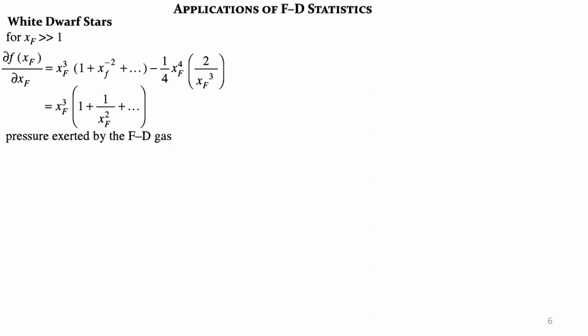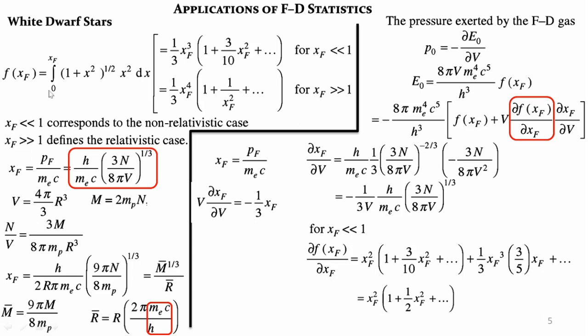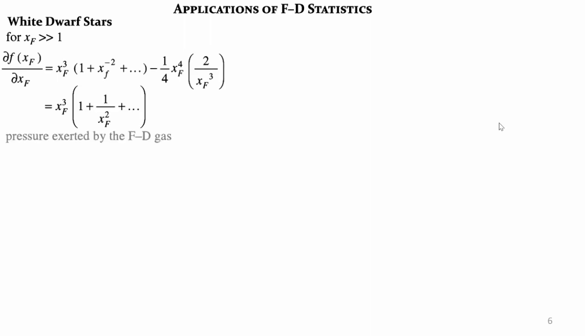So now we have all the things required to write down the pressure, because that's what we require for pressure. This is actually describing the pressure. Now we have obtained this, so we just have to substitute the values.